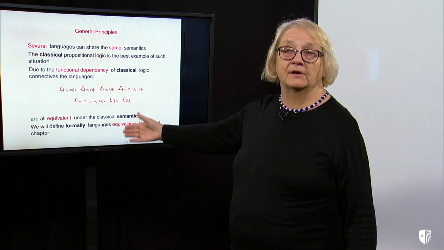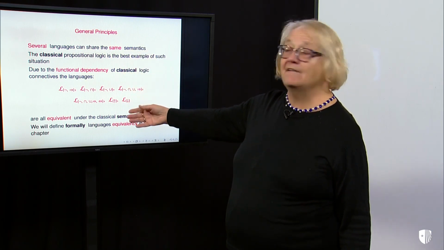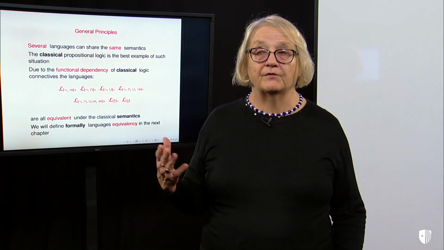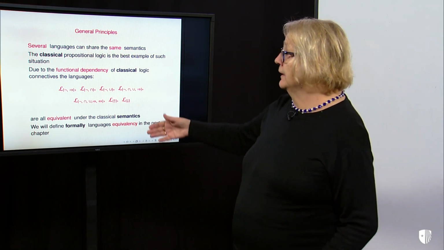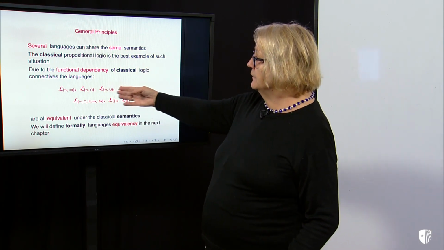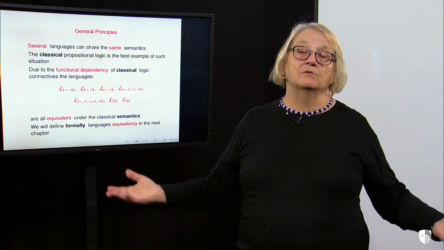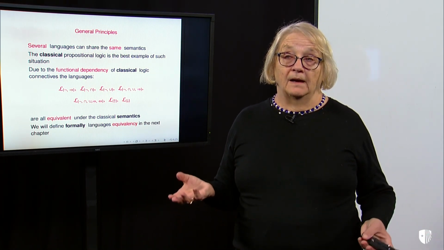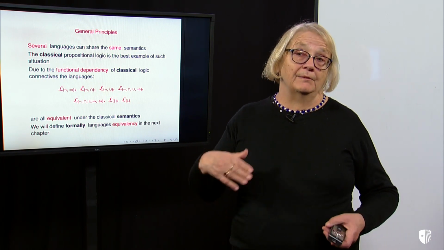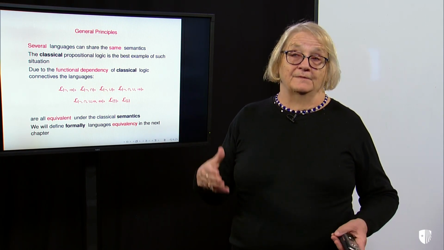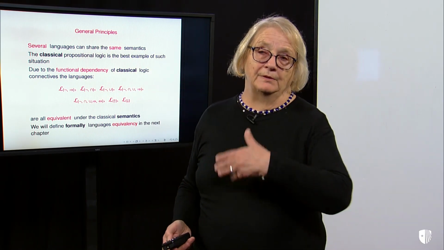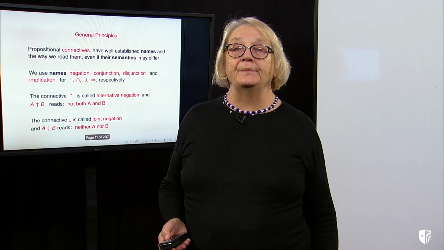That's why we will define formally equivalency of languages. So we can say that all these languages are the languages of classical propositional logic, and we will each time say, I use this language or that, and then we will define the relationship between them.